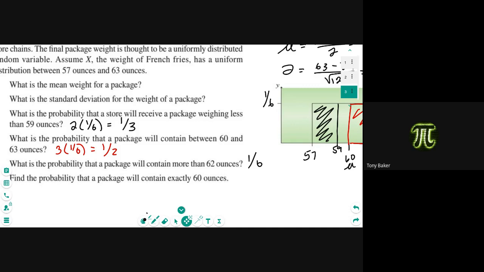This question was literally trying to get you to realize that you can't find the area of a straight line. That is uniform distribution. It's literally just a rectangle because all the probabilities are going to be the same.